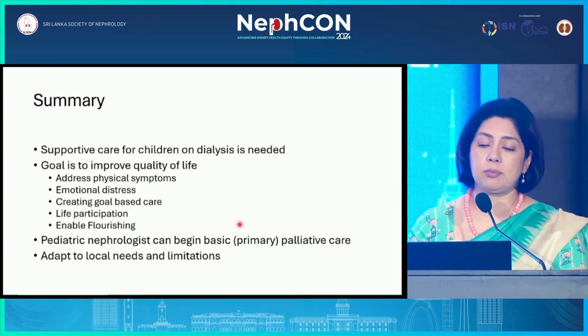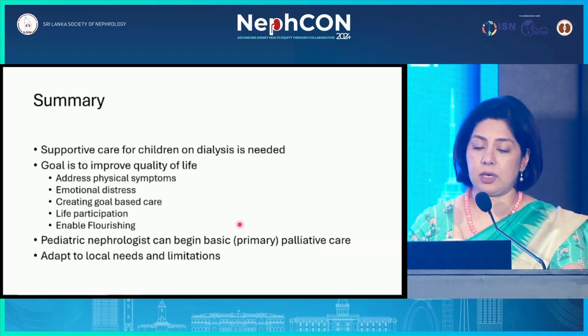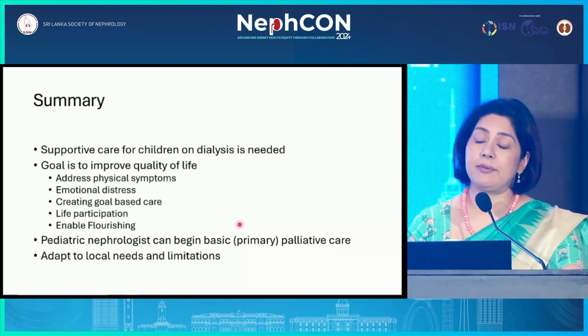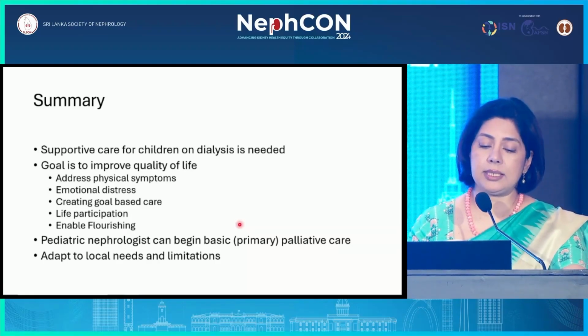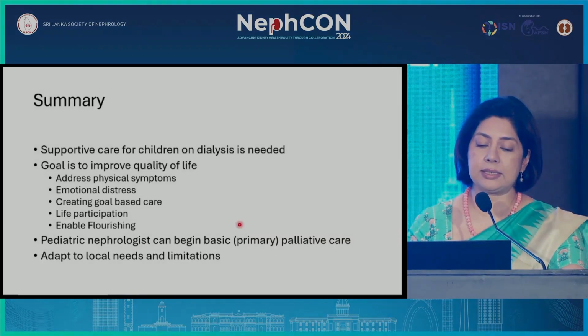The goal is to improve the quality of life by addressing physical symptoms, emotional distress, creating goal-based care, ensuring an improvement in life participation to enable flourishing. We as pediatric nephrologists can begin basic primary palliative care, but we have to remember that we will probably need to adapt to our own local needs and limitations.